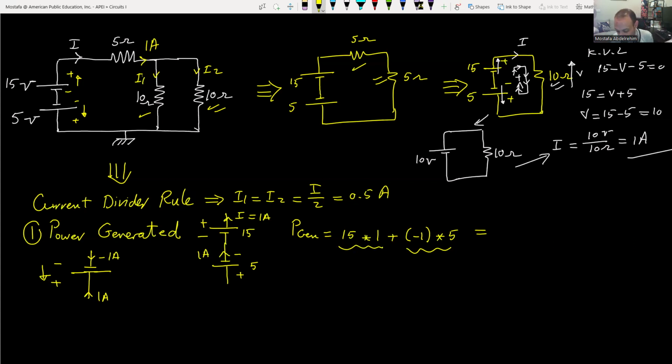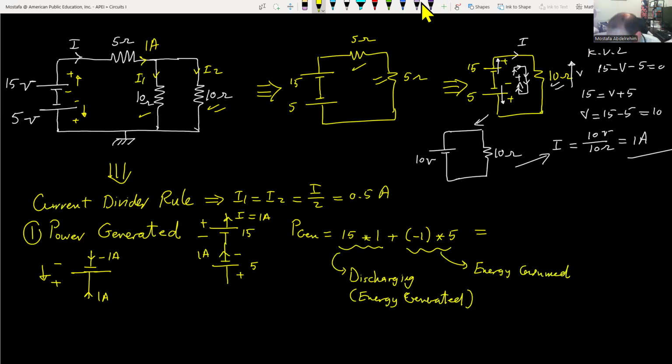Okay. So that was discharging, or basically energy generated. And this is actually energy consumed, or power consumed. Okay, let's write per second because it's power per second.